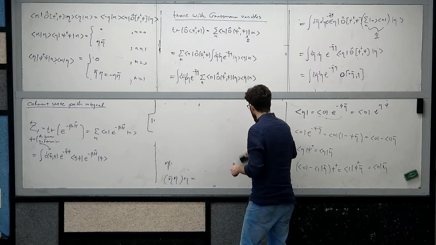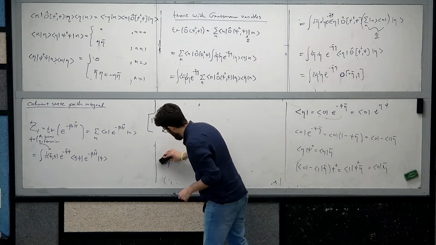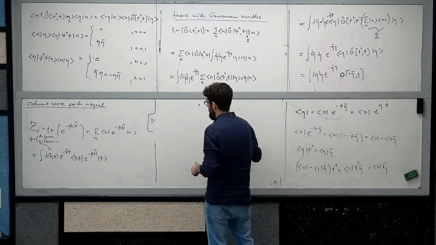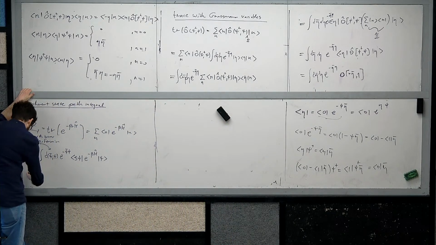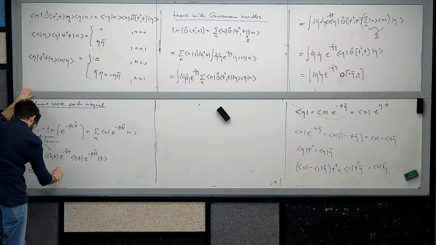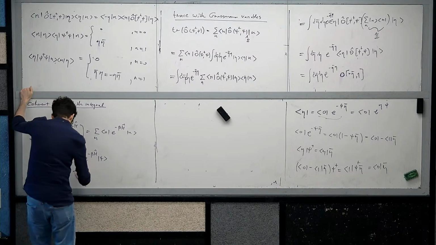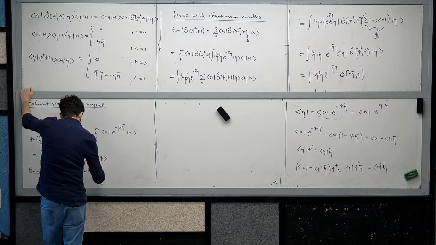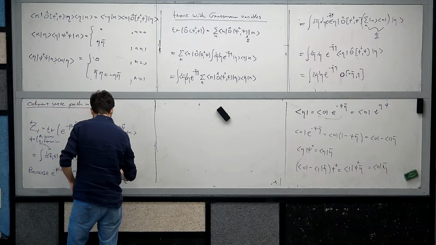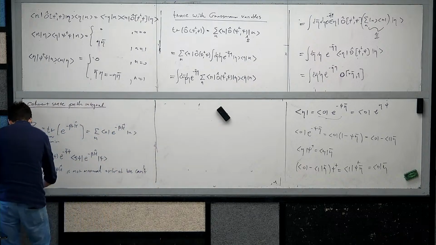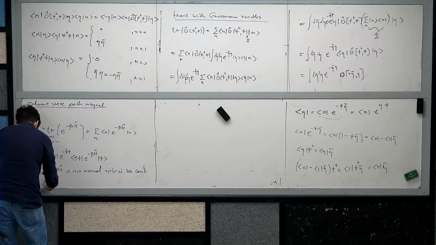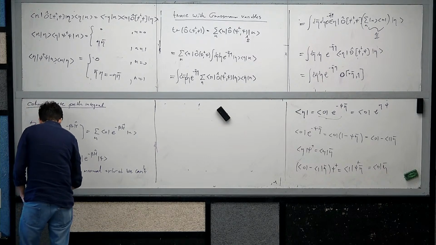And what we do is we write the following thing. Because e to the minus beta h is not normal ordered, we can't take its expectation value.